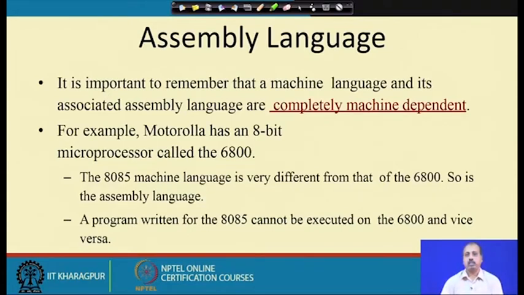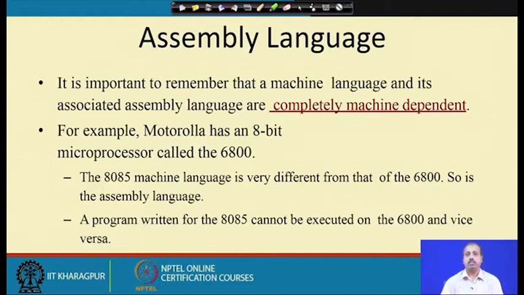It is very unlikely that two processors will have exactly the same assembly language. There will definitely be some difference, because assembly language is very close to the actual hardware, and since the hardware varies between two processors, the assembly language also varies.